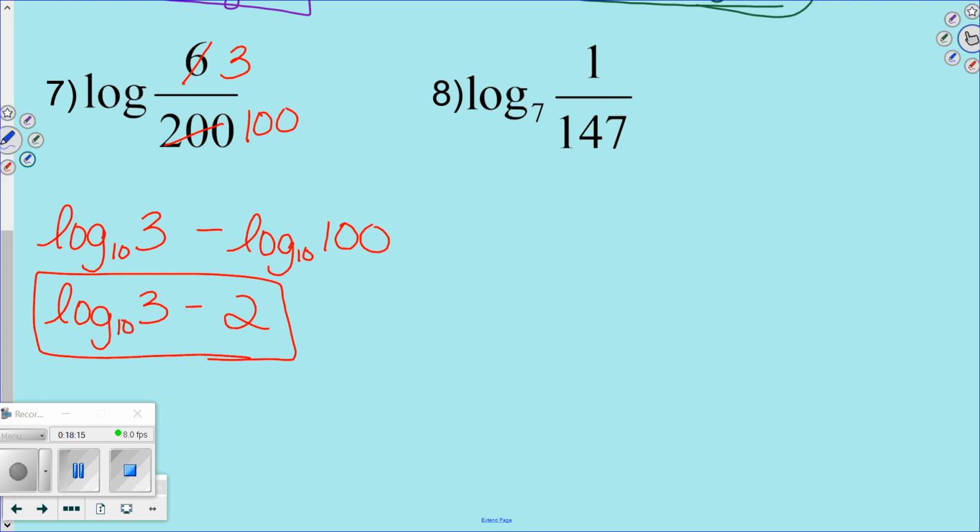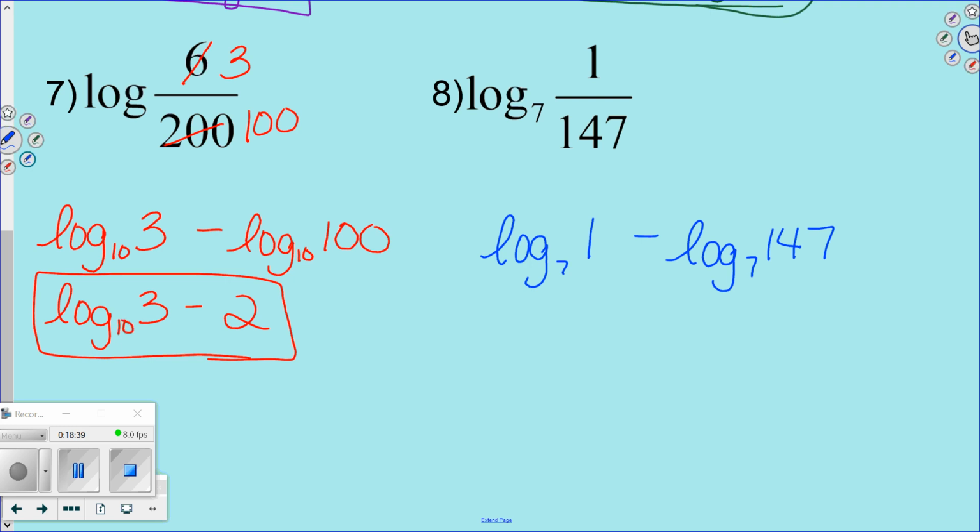All right, number 8. How many times will you write the word log? Twice. So I'm going to have log base 7 of 1 minus, because it's division, log base 7 of 147. All right, can I clean any of those up with loopy swoopy?